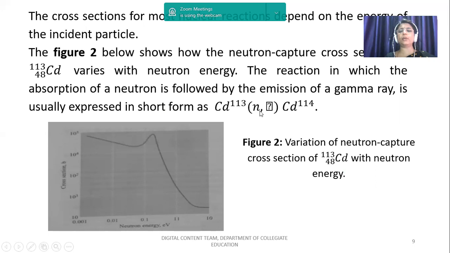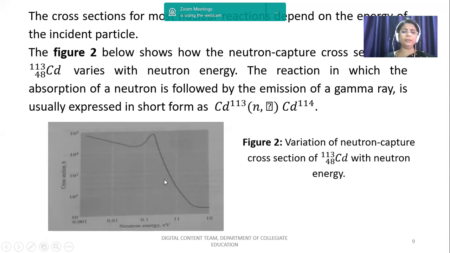Within the brackets, you have neutron, comma, gamma, which is missing here, and then cadmium-114. So cadmium-113 is the target nucleus onto which you are bombarding slow-moving neutrons of variable energy, which we are showing in this diagram. The outgoing particle is gamma radiation with the formation of cadmium-114.